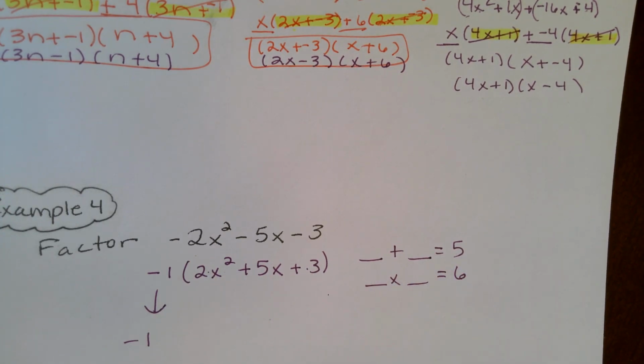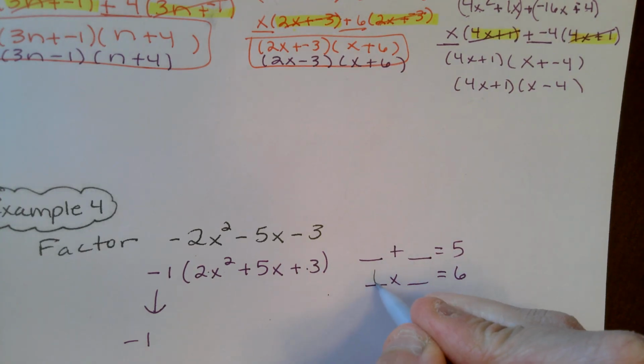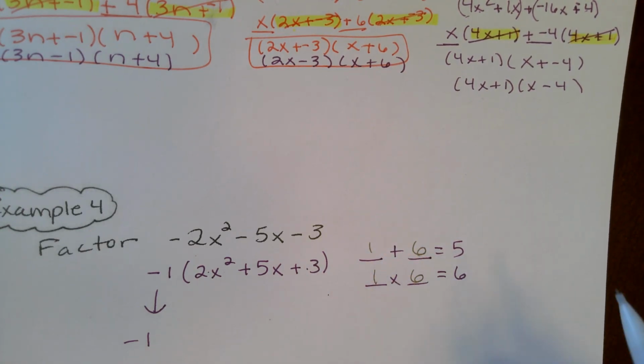Does 1 and 6 work? Oh, I don't know about that, guys. Let's just write it in there, 1 and 6. That works here, but in order to get 5 here, that would have to be a negative. But if that's a negative, then that's a negative. That does not work.